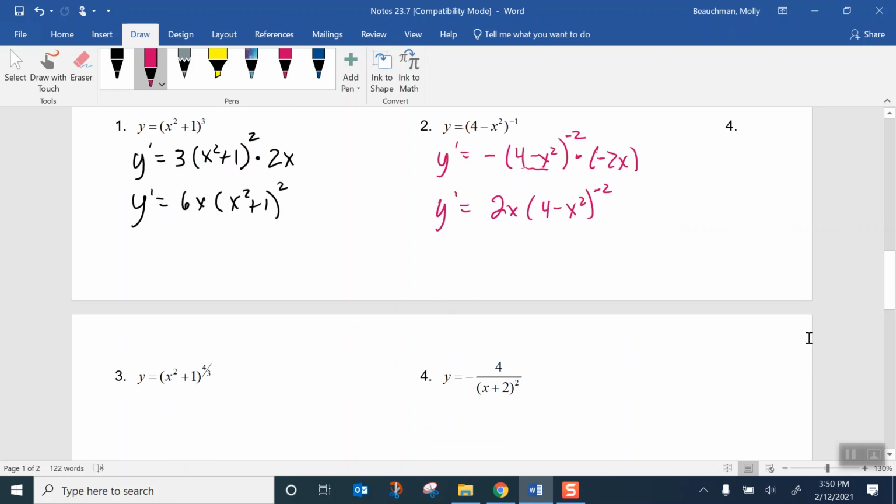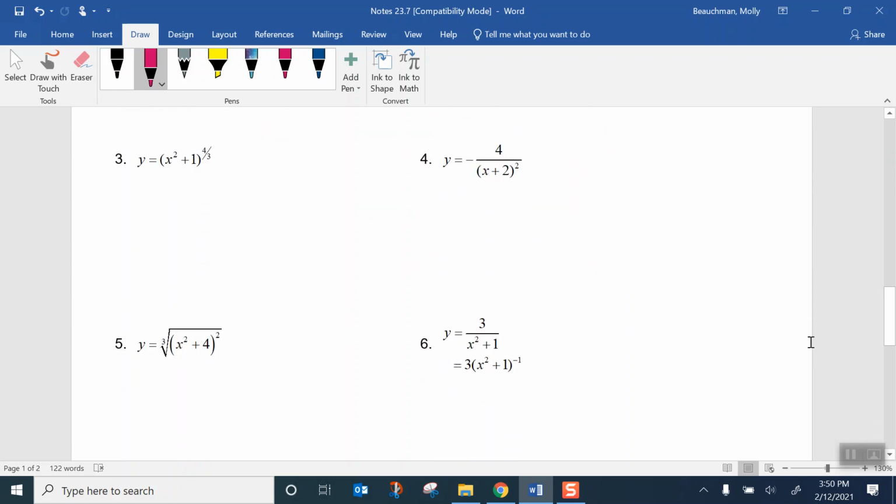All right, next example has a fractional power, 4/3. Again, it's still the same format, (x² + 1) to the power of 4/3. So the derivative is, apply the power rule, 4/3 times (x² + 1) to the power of 4/3 minus 1. 4/3 minus 3/3 leaves us with the power of 1/3.